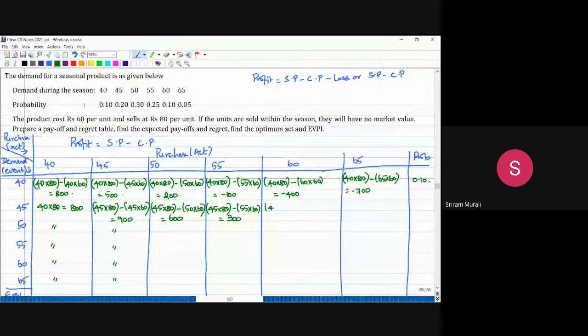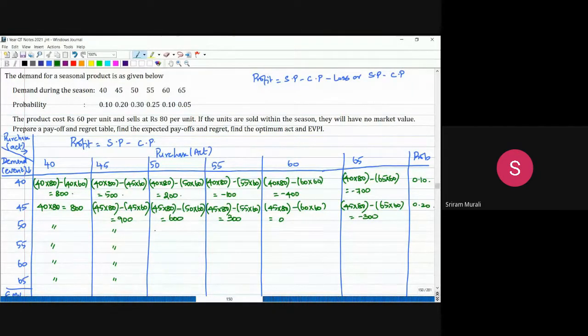Then 45 into 80 minus 60 into 60 gives 0, no profit, no loss. This one will be 45 into 80 minus 65 into 60, which is minus 300. This probability is 0.20.